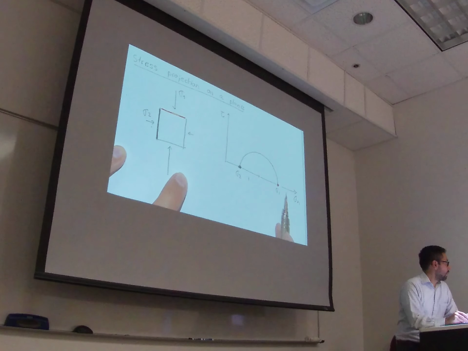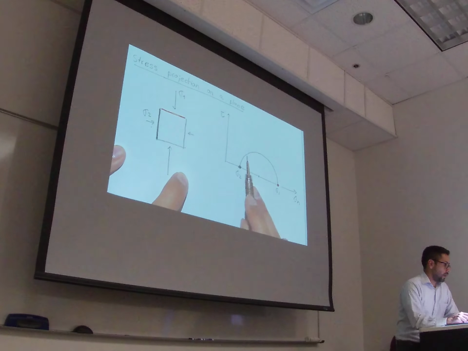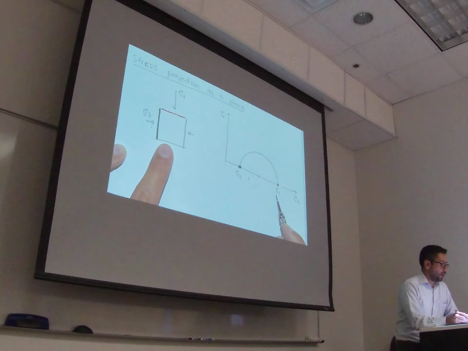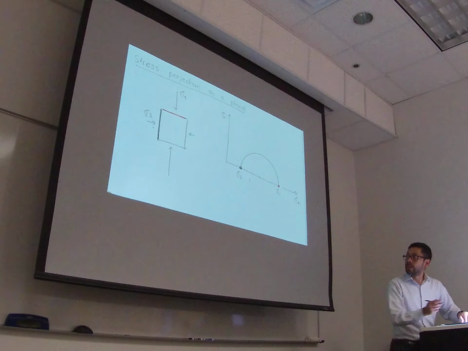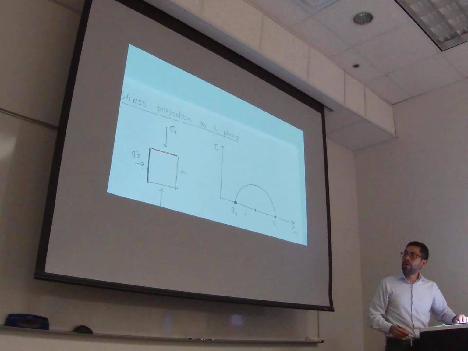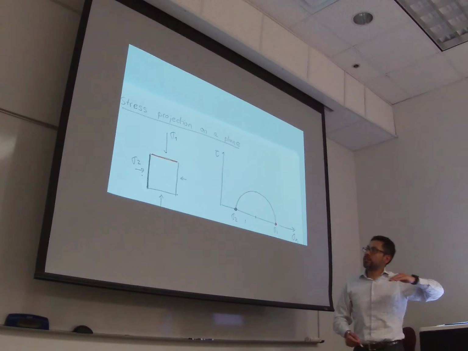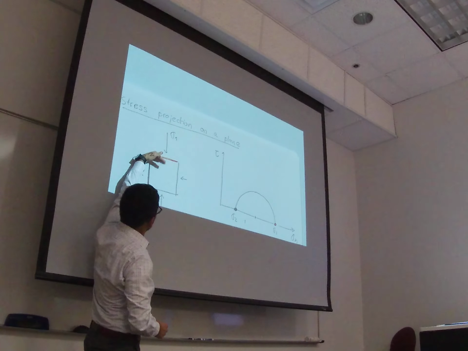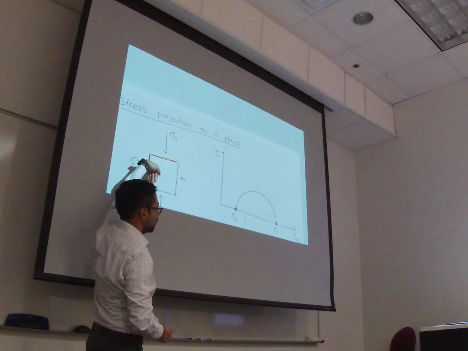All right. So what all these points that make a circle are, are all the states of stress going from this face, that would be sigma 1, going to sigma 2.